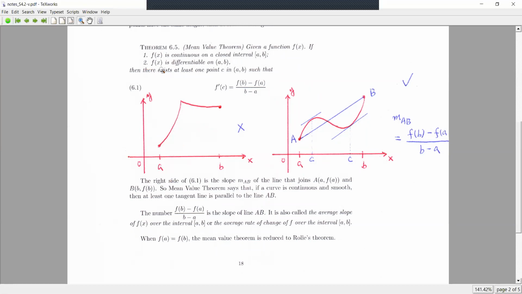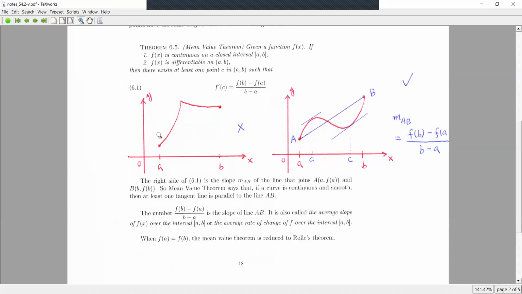Condition 2, function is differentiable on the open interval. This condition says that function should be differentiable everywhere between A and B. Now, this curve doesn't satisfy condition 2 because there is a corner here.